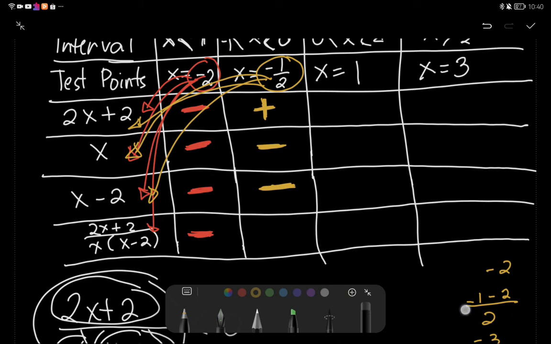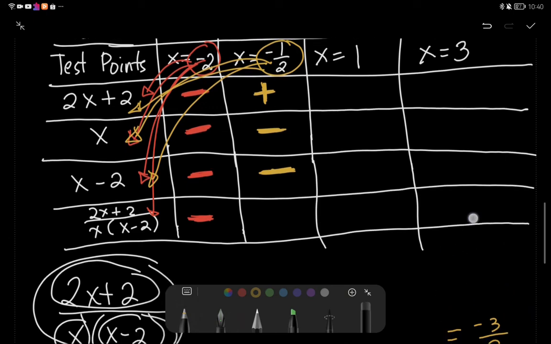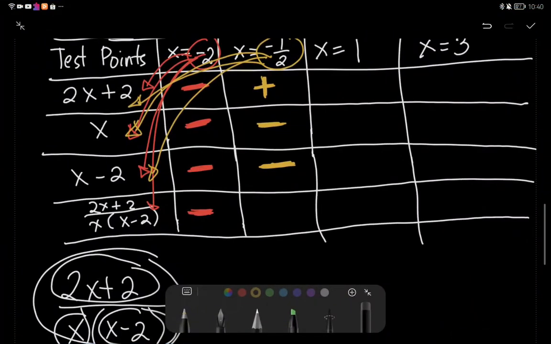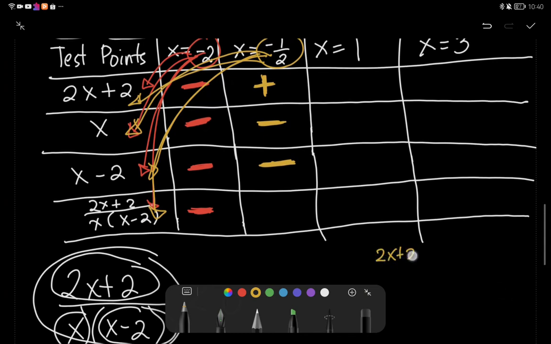Now, let's go to the last one to finish off the second test point. Okay. You have here negative 1/2. We put it here last. Okay. That is 2x plus 2 over x times x minus 2. That is 2 times negative 1/2 plus 2 over x. No, that's not x.